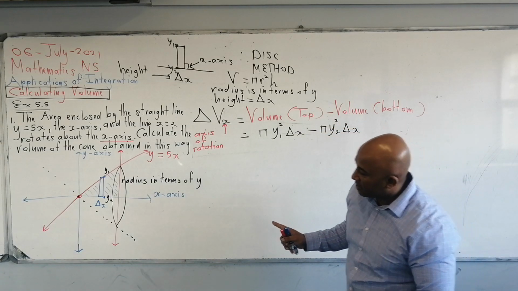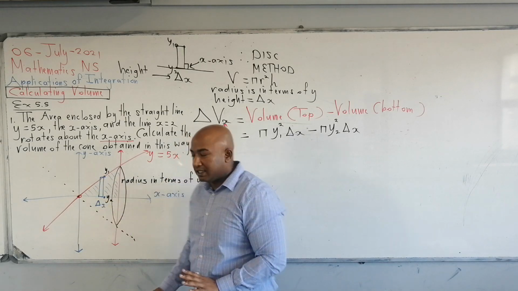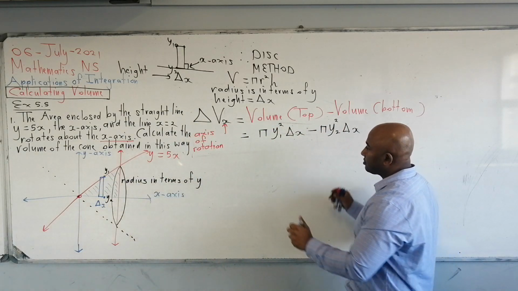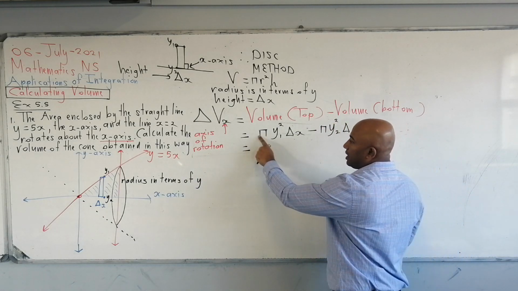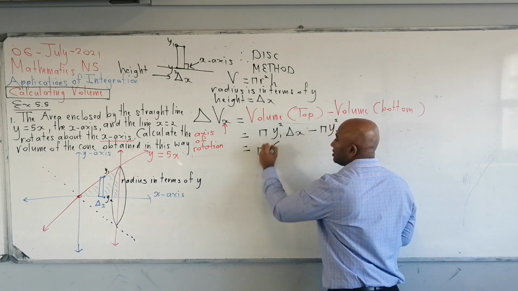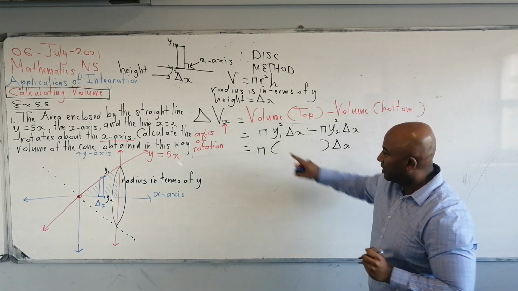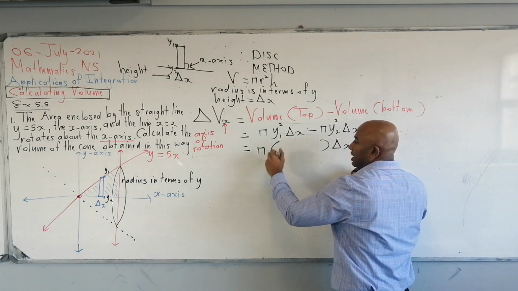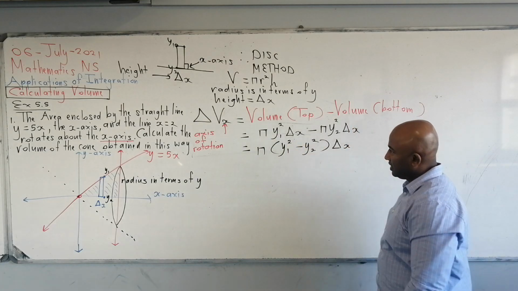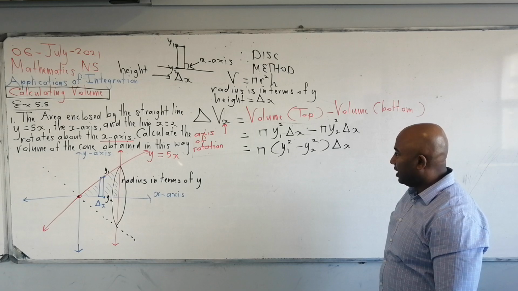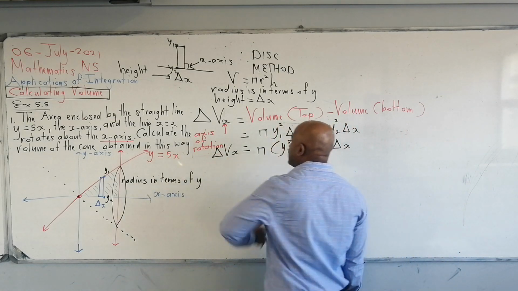It's the same height: whether it's y1 or y2, delta x is delta x. Now simplify this. Pi is common, delta x is common, so we take it out as a common factor, and now I have y1 squared minus y2 squared. There's my delta Vx.